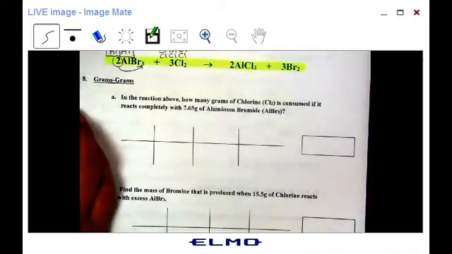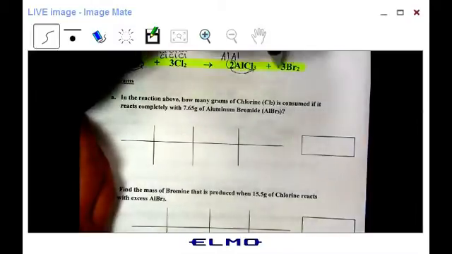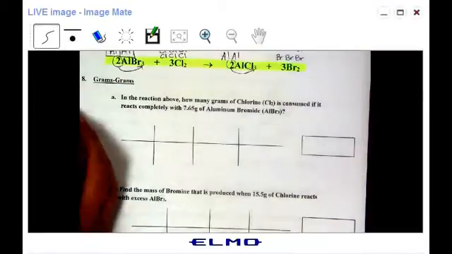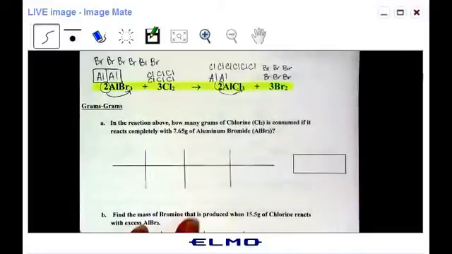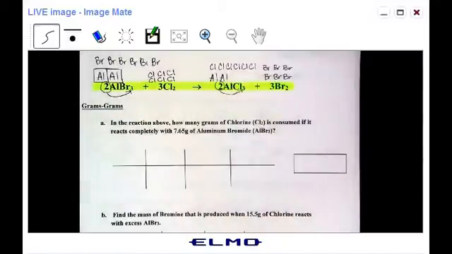Over here, I have 2 Als, 6 Cls, and 6 Brs. Step 1 is just to always make sure that it is balanced. 6 Brs, 6 Cls, 2 Als.